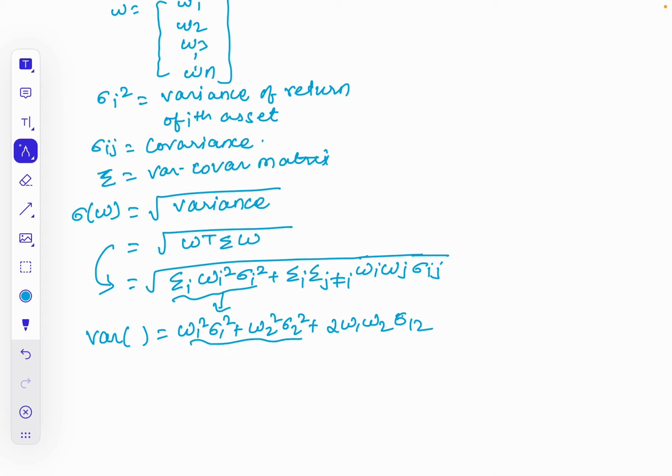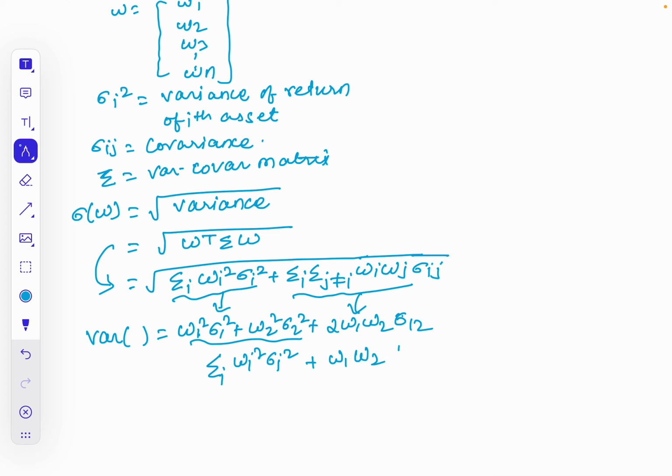So basically you are writing it as summation for all asset i. For asset 1 and asset 2, your weight square into their variance. And this term is basically nothing but this one. So you are writing for all i, and for all j but not for that j for which j is equal to i. So first i is 1, and j cannot be 1, so j has to be 2, so w1 w2 sigma 1 2, right?